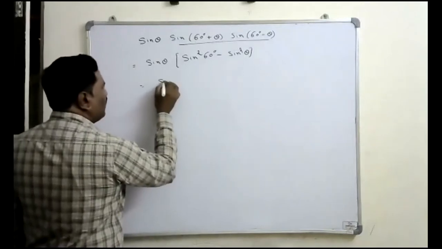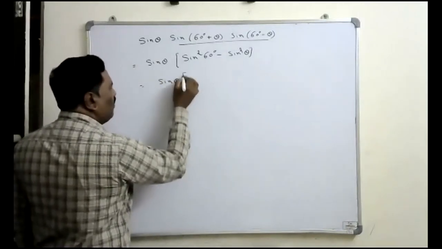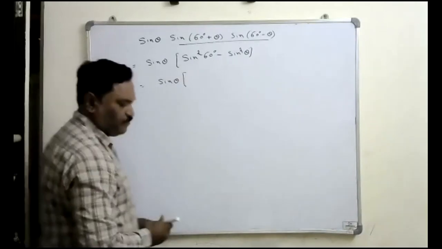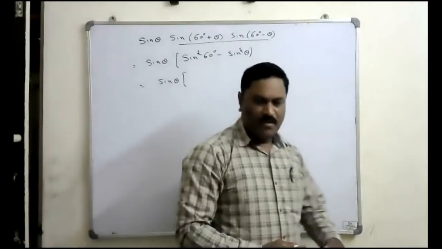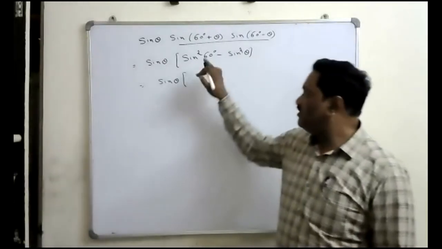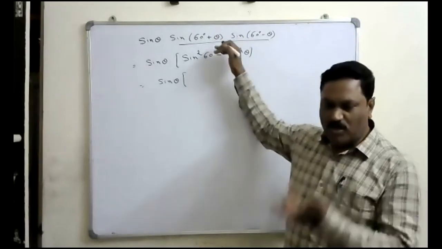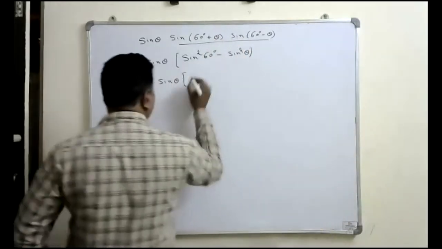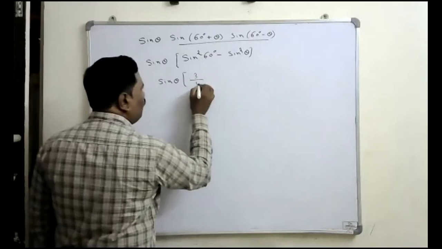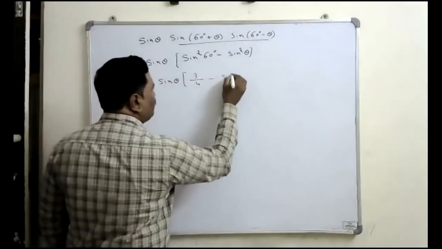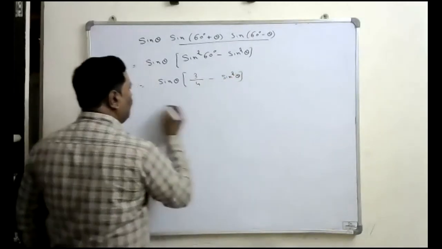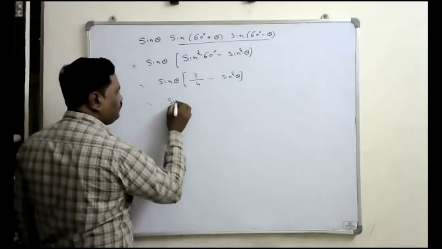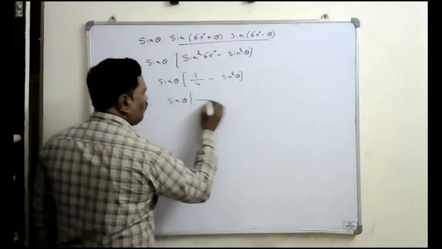Then sin theta into, what is the value of sin 60 degree? Root 3 by 2. There is a square, root 3 by 2 whole square, how much? 3 by 4, minus sin square theta. Here, what is the LCM? 4.